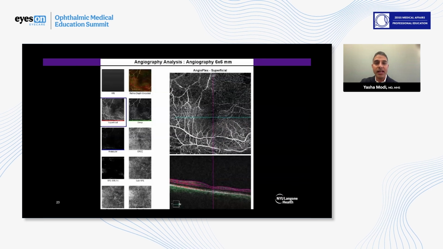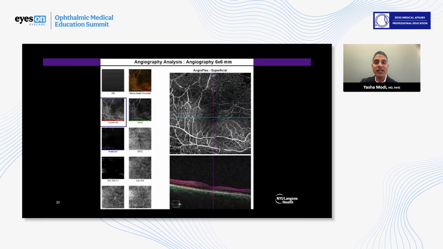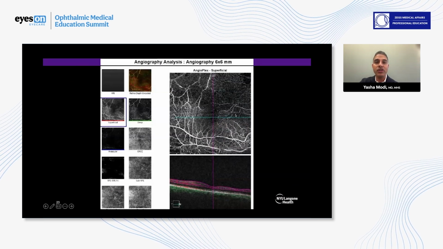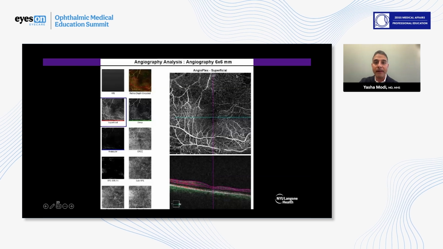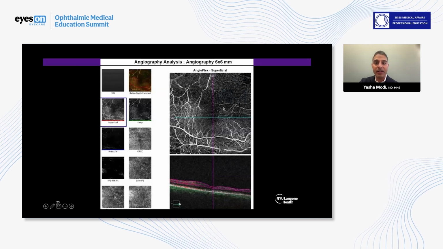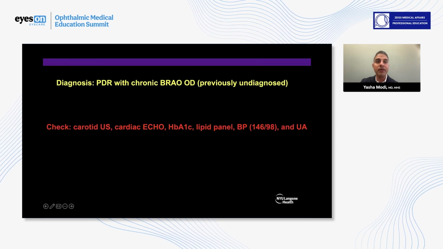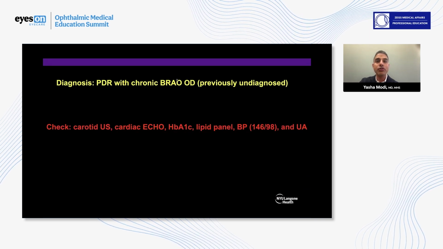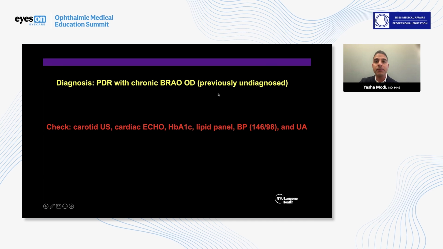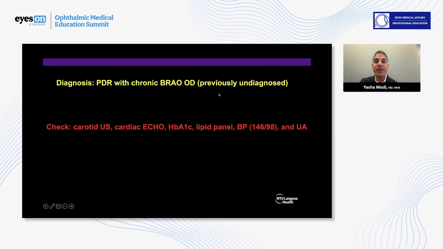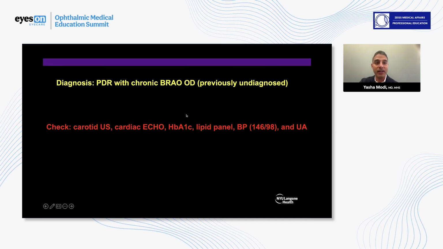When you look at the OCT angiography, we see very clear signs of loss of the superficial capillary plexus and the deep capillary plexus here. So this is a patient who has had a proliferative diabetic retinopathy event and has a chronic BRVO that was previously a BRAO that was previously undiagnosed.